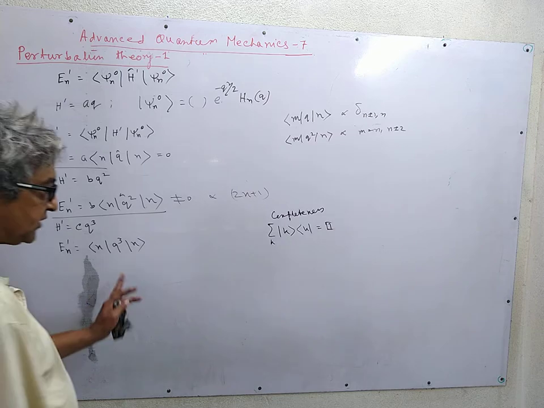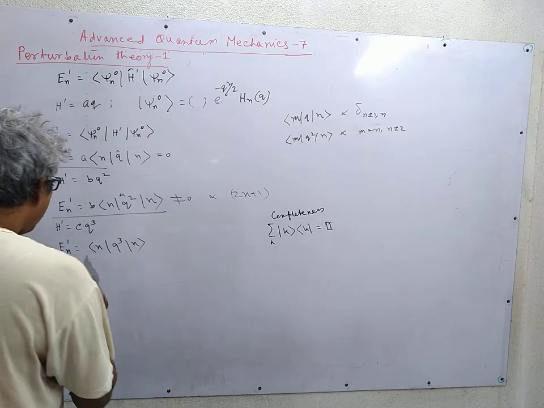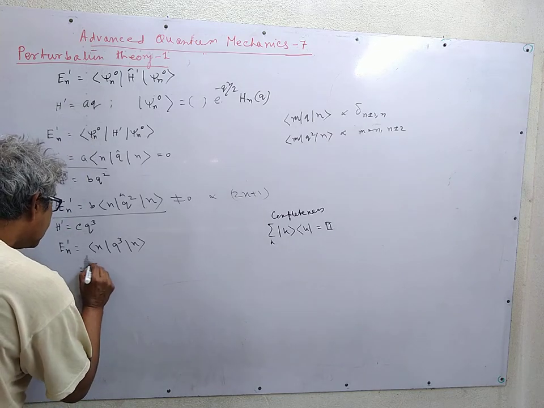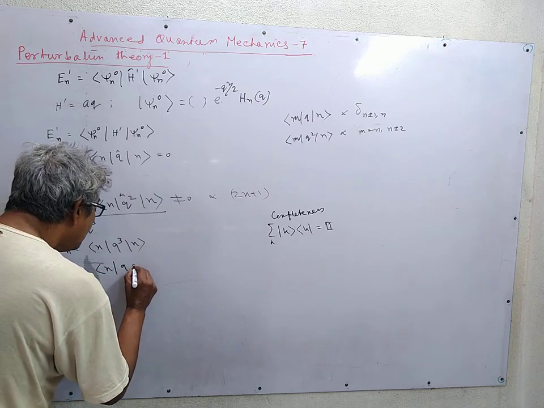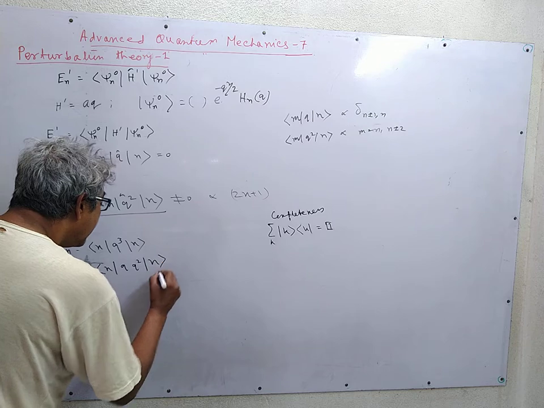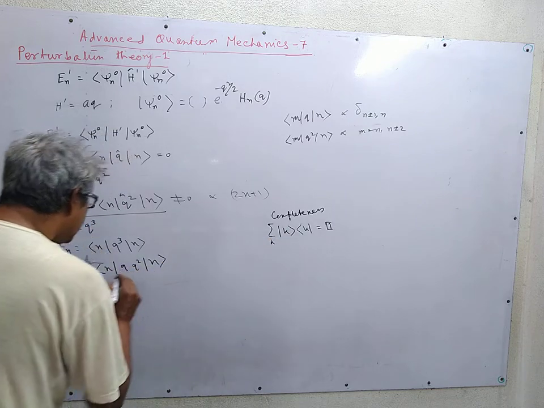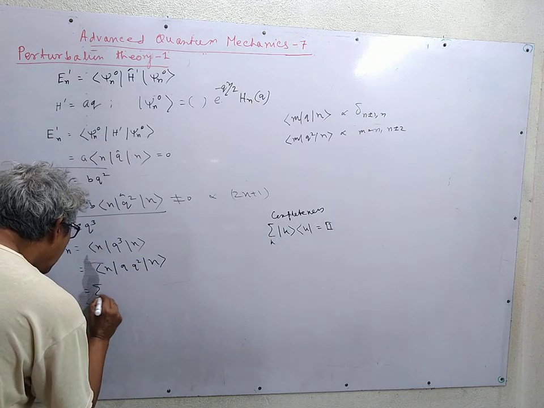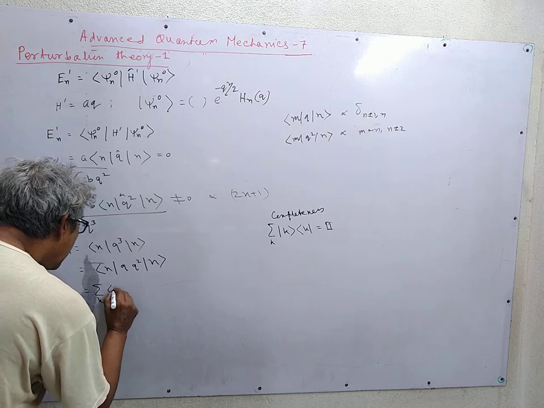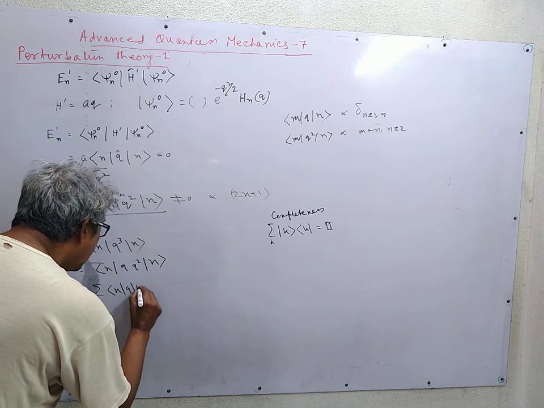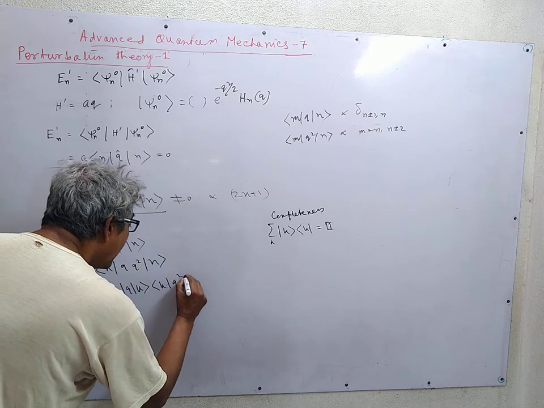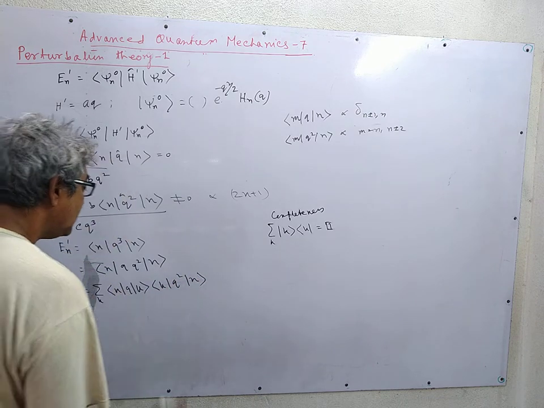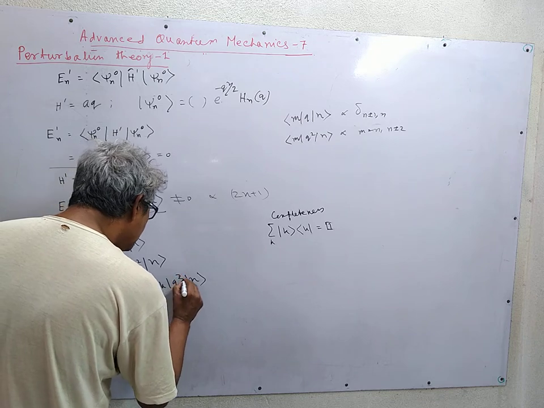So we sandwich this operator, we rewrite this as sum over k of n q k k q square n.